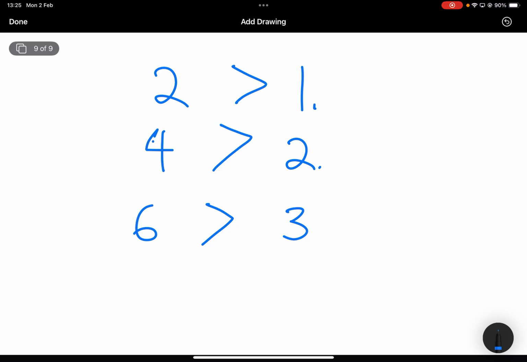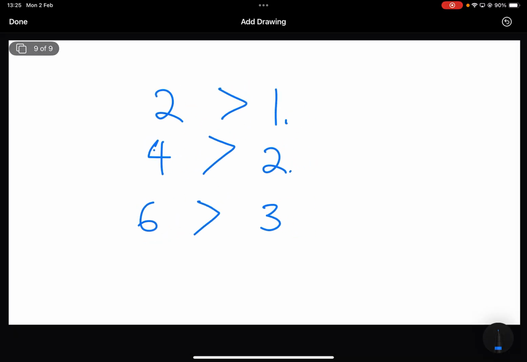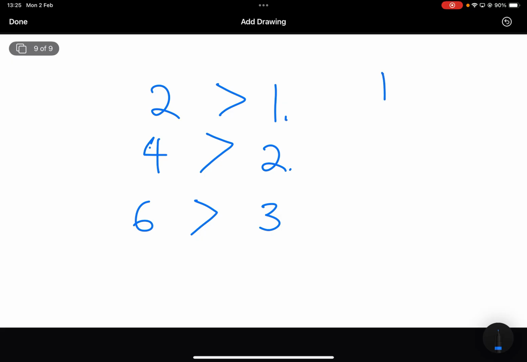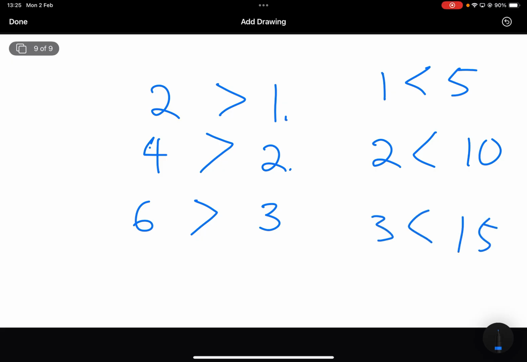Left is still larger than right. If I started with 1 smaller than 5 and multiplied by 2, 2 and 10, it will still be smaller than. So I don't need to change any signs.